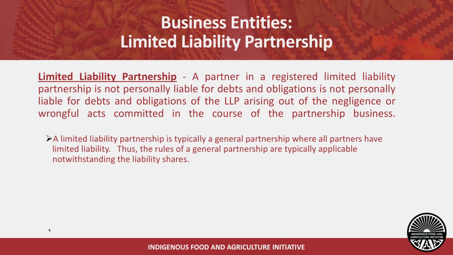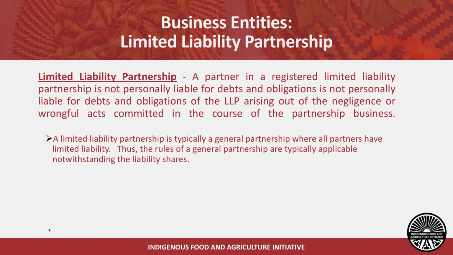Now, something that we see a little bit more of, and you might see it in different capacities, is a limited liability partnership. A partner in a registered limited liability partnership is not personally liable for the debts and obligations of the LLP arising out of the negligence or wrongful acts committed in the course of partnership business.